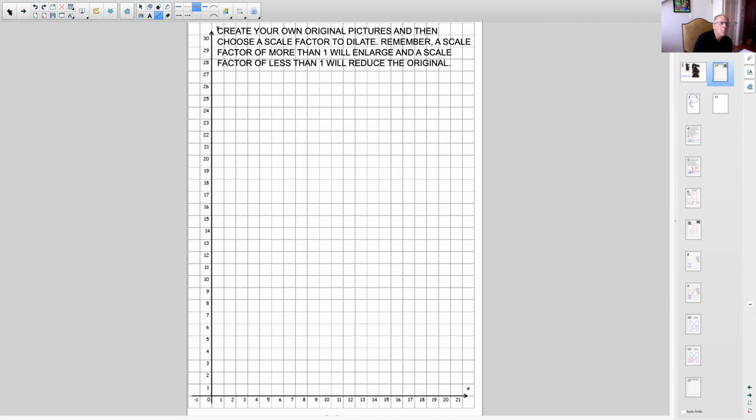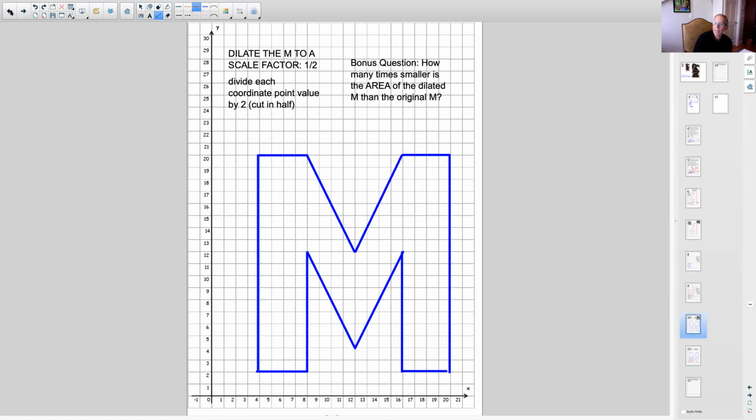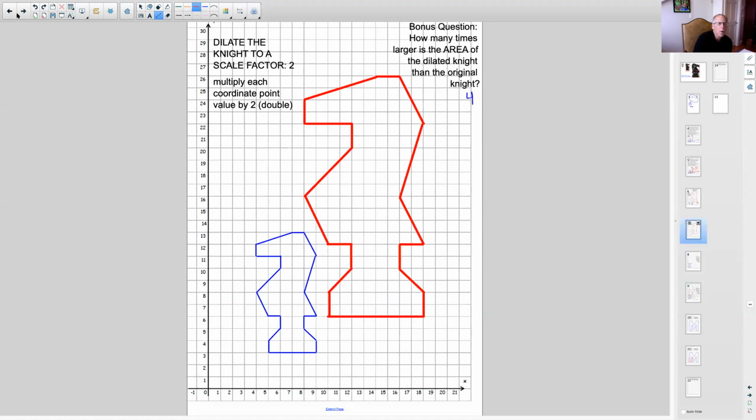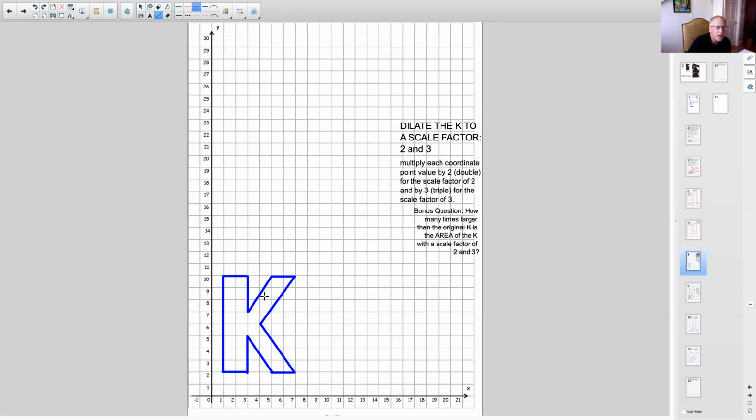Now, let's go back to page 8. On page 8, I'm asking you to dilate the K to a factor of 2 and 3. Now, I'm going to show you what it looks like.